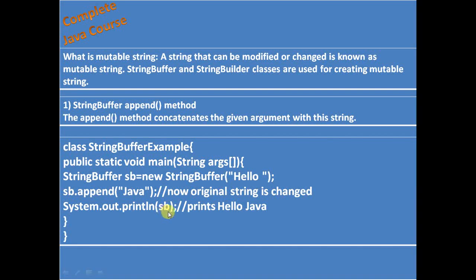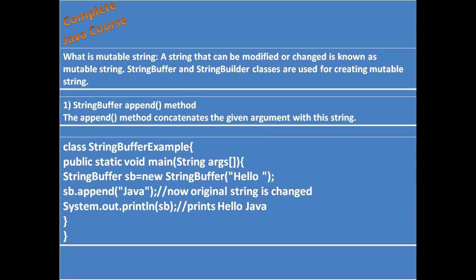Now if you print the sb, it will print hello Java. But if you use the String class here and use the concat method, the output of this is only the hello, because we have not assigned this appended or concatenated string to the reference variable.